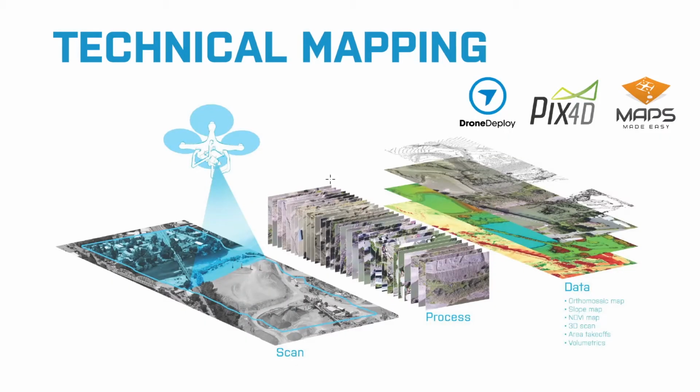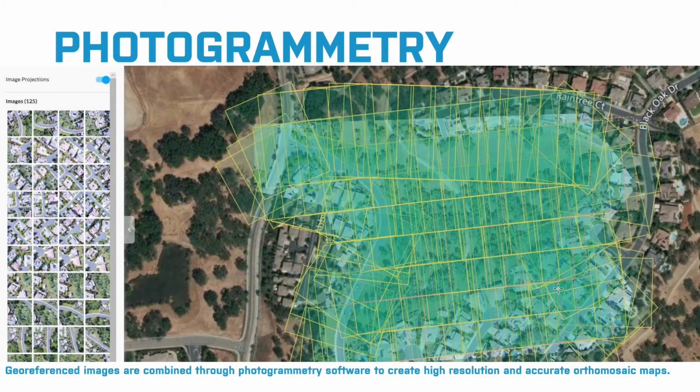And to take that even further, with the use of these third-party softwares which utilize the GPS capabilities of the drone, it can make really high-quality survey-level 3D models and topographic surveys and other data that I'll be going through here. So what the drone does is it takes a flight path throughout the site that you designate.